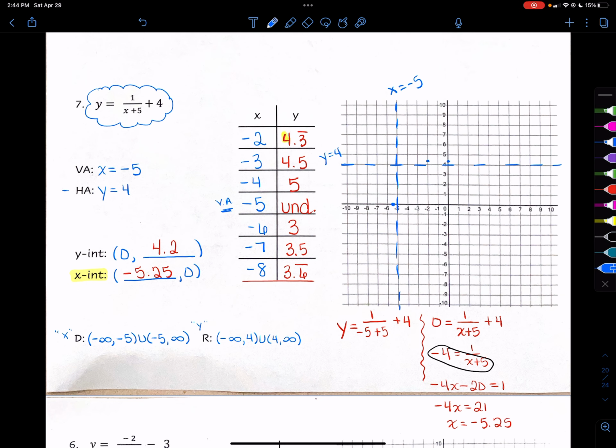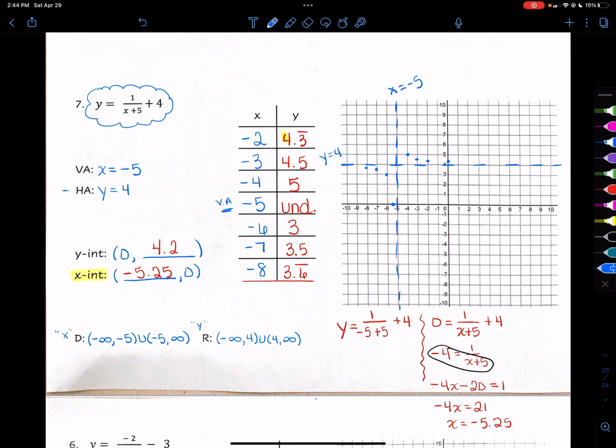And then -3, 4.5. And -4, 5. Then I've got -6, 3. -7, 3.5, and -8, 3.6.